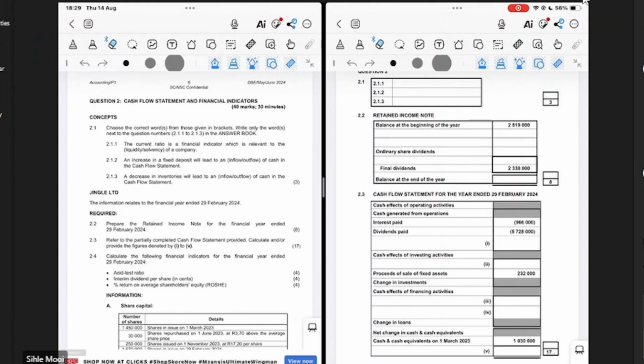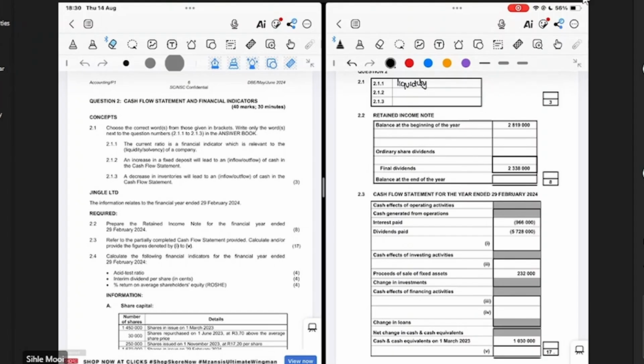Then we continue. We have an increase in the fixed deposit will lead to an inflow or an outflow of cash in the cash flow statement. So you're increasing your investment, your fixed deposit. So what will that lead to? Inflow or outflow?